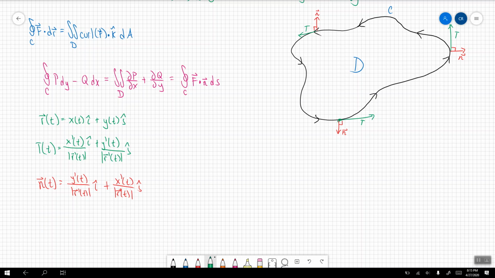If we were using Green's theorem, we would be looking at P dx plus Q dy, which is equal to the double integral over that region of the partial of Q with respect to x minus the partial of P with respect to y, all with respect to dA.